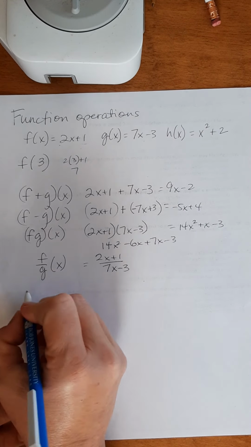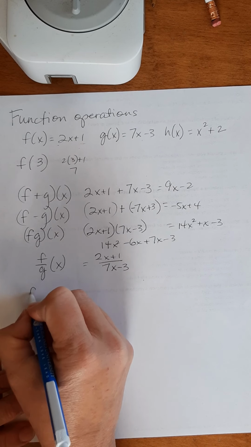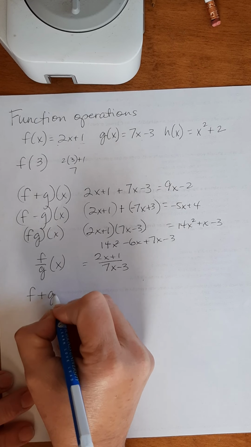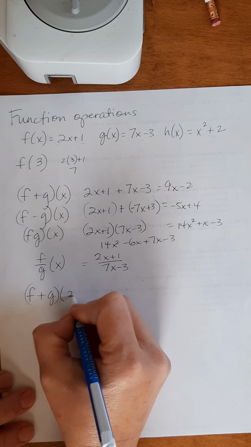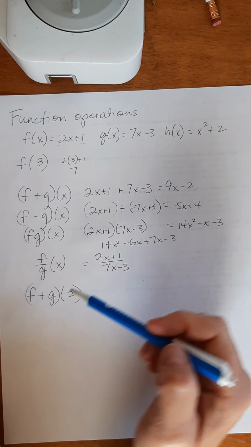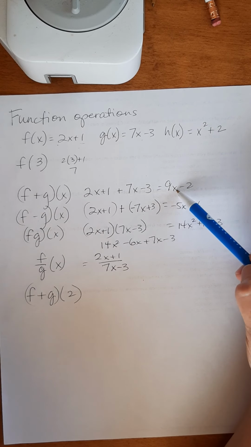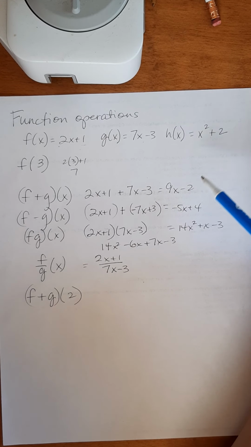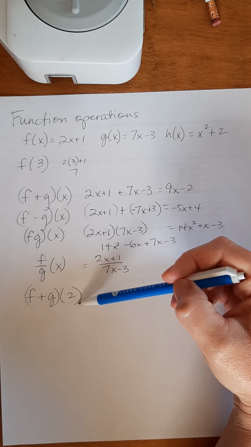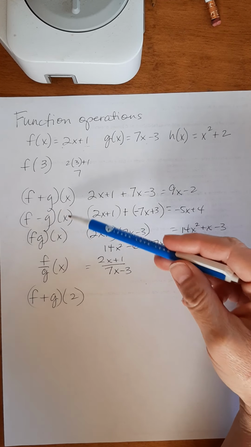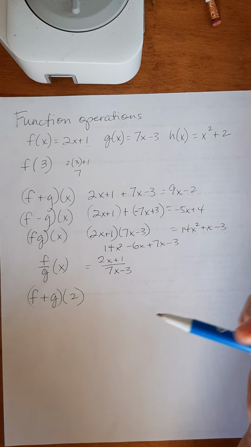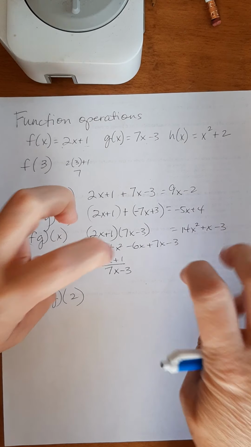But let's say they gave you something like this. F plus g of 2. Well, you can literally plug in 2 here once you add them together and get 18 minus 2, 16. But let's say you haven't done this and they want you to find it. Well, anytime they give you an x, they're looking for an expression.